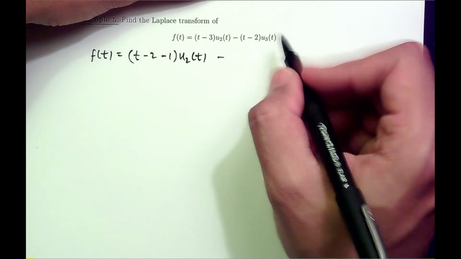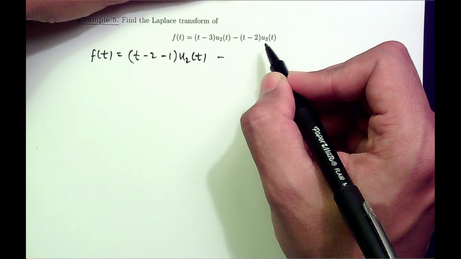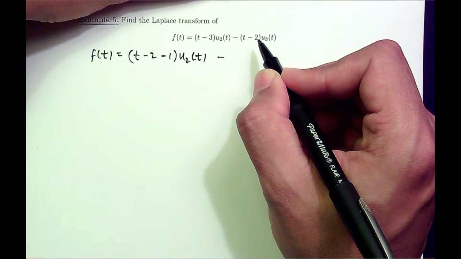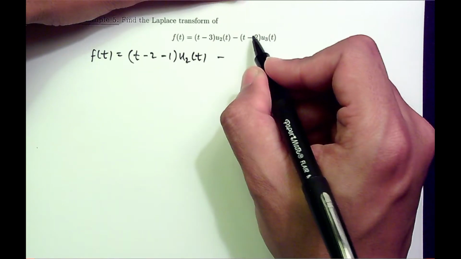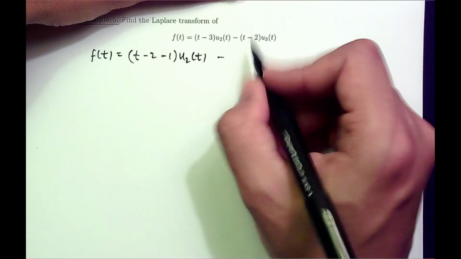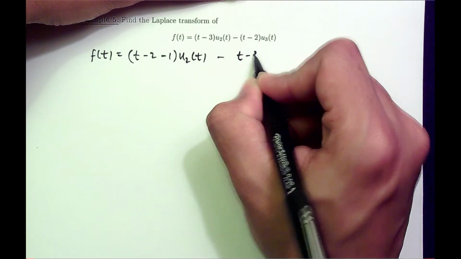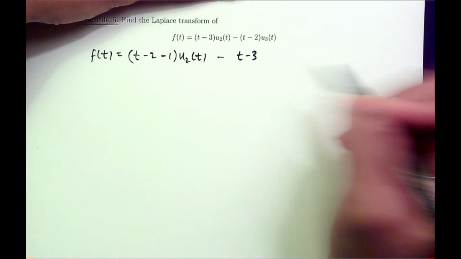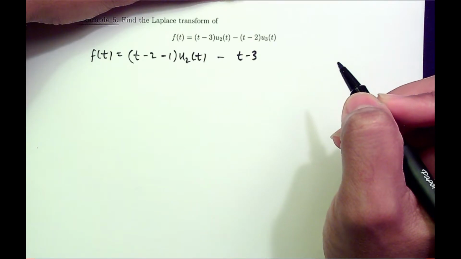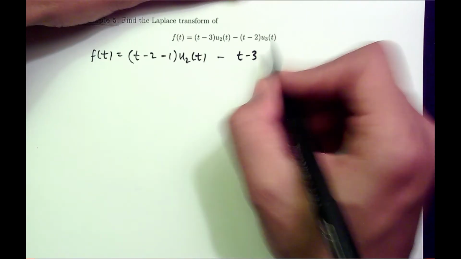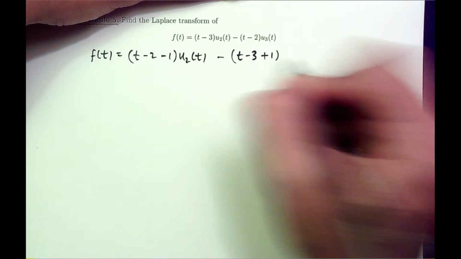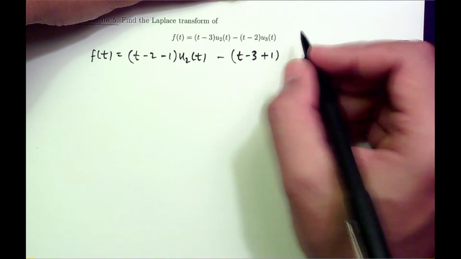And then in this one, you do exactly the same. I cannot change that 3, but I can change that 2, which is outside. And ideally, I would like a 3 right there, not a 2. So I'm going to put a 3 and then modify what I just wrote so that I don't really change the original value, which is t minus 2. So I add a plus 1. And that way, nothing is really changed.